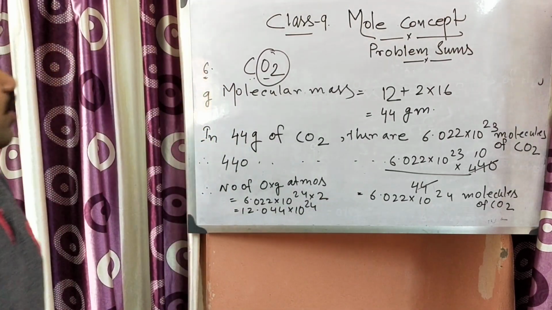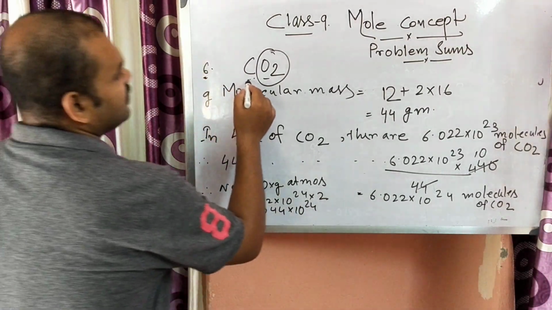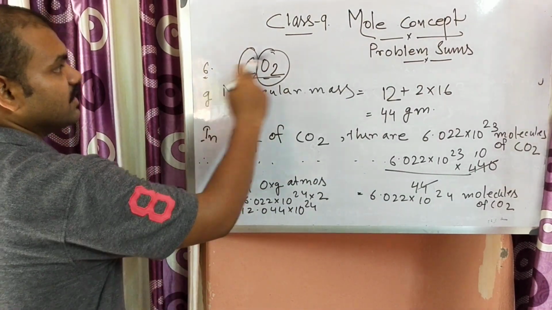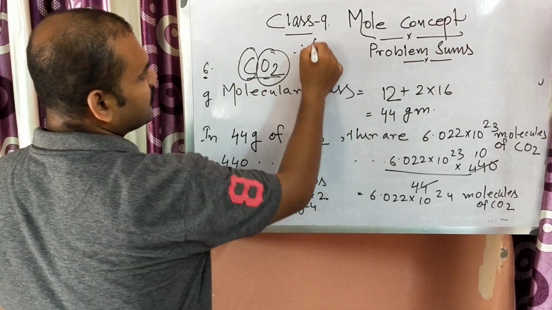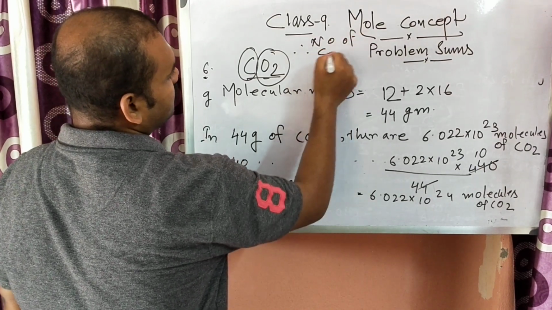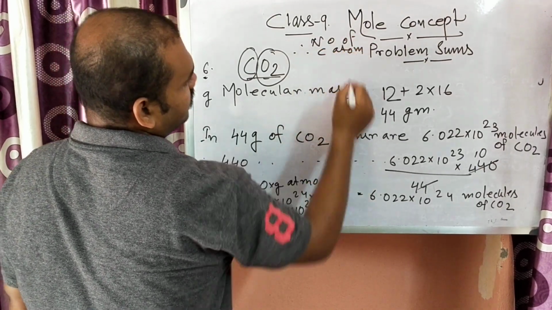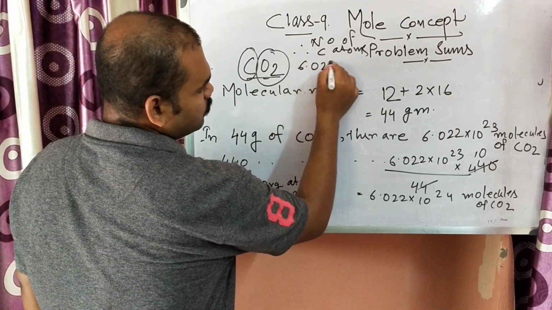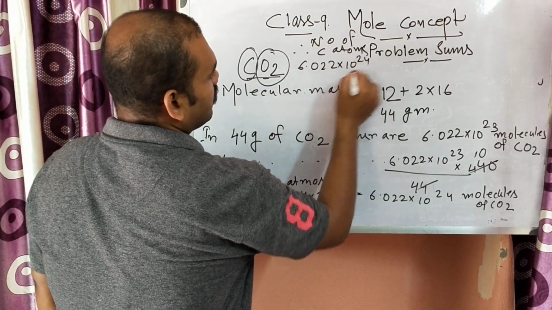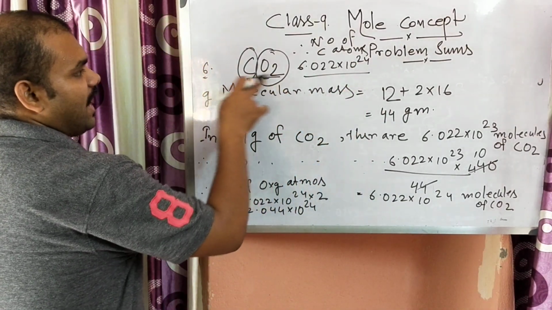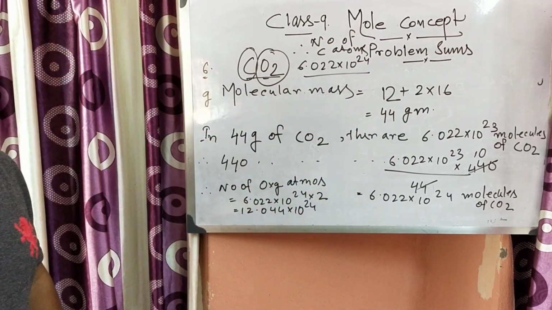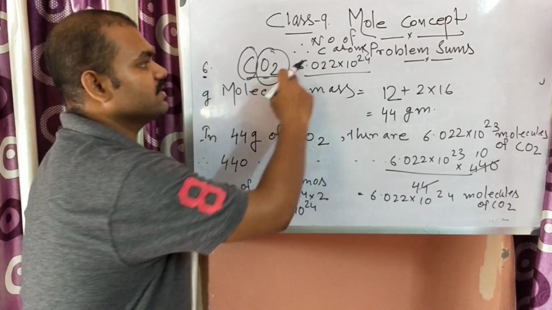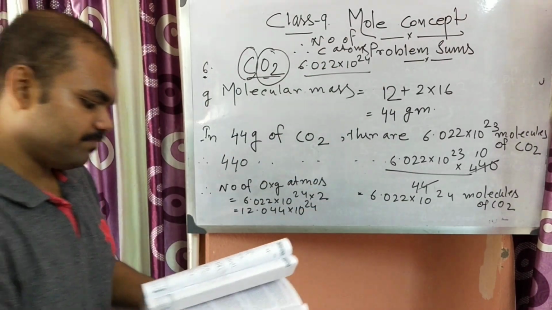And how many carbon atoms are there? In one molecule, 1 carbon atom is there. Therefore, number of C atoms is 6.022 into 10 to the power 24. So there are as many carbon atoms as the number of CO2 molecules. Okay, simple.